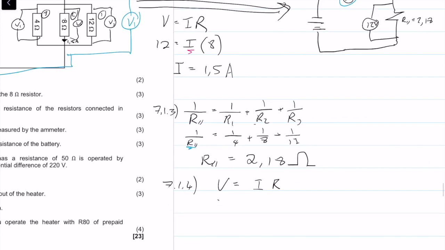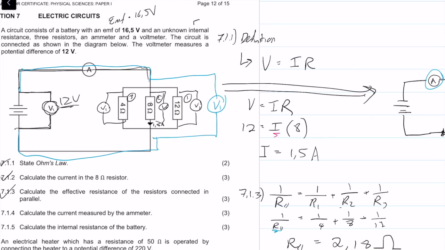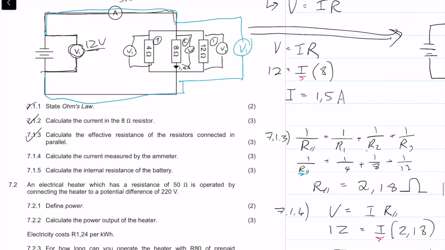We know that V is 12 equals I, the unknown, times R parallel, which is 2.18, and the only unknown is I, so we can solve for I. If we plug that in, we get 5.5 amps. This is the current going through the entire circuit, so we can put that in as well. This is equal to 5.5 amps, which is very nice.